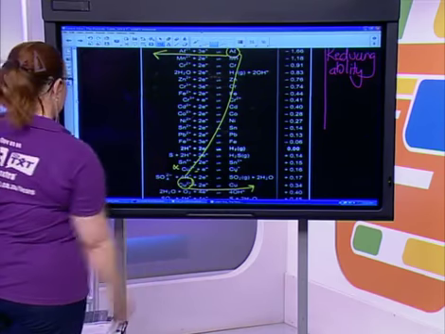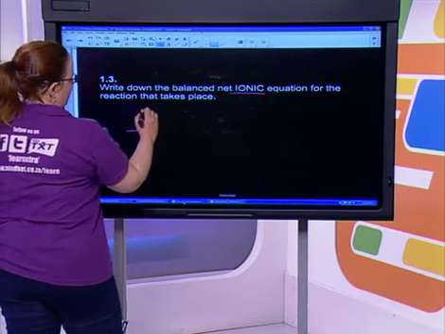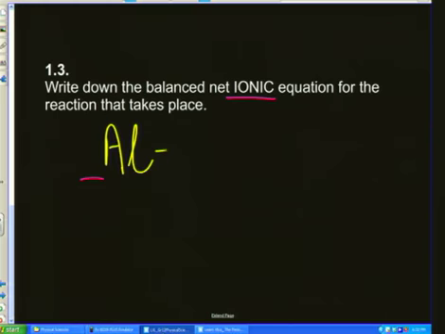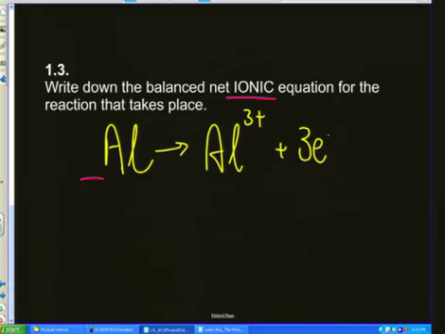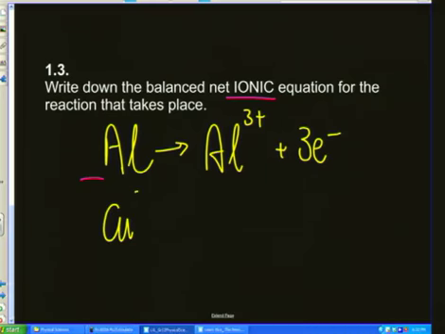But the aluminium, I need to write from right to left. So aluminium becomes aluminium 3+. And the copper is copper 2+ plus 2 electrons, and that goes to copper.